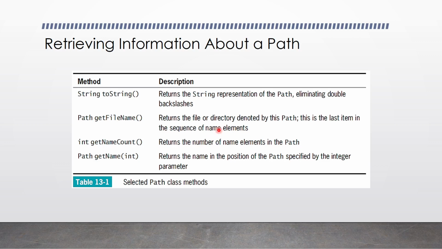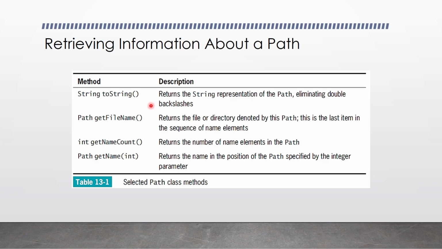This table summarizes several useful Path methods. As you have learned with the other classes, the toString method is overridden from the Object class. It returns a string representation of the path.